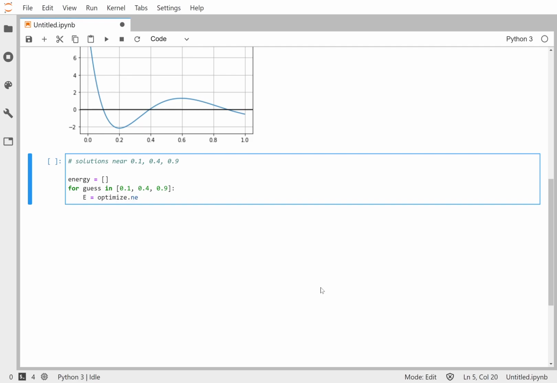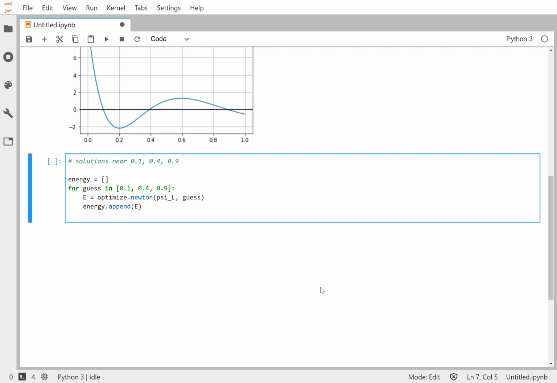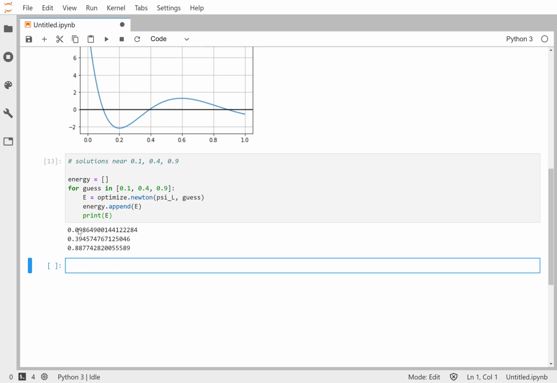So we'll do optimize.newton, calling psi_L and looking near our guess. And then, assuming that this actually works and gives us a solution, we will append those into the list of energies and print them. Okay, that should work. Yeah, so that's going to print 3 numbers for us. And around 0.1, around 0.4, and around 0.9. Okay, so looking good.